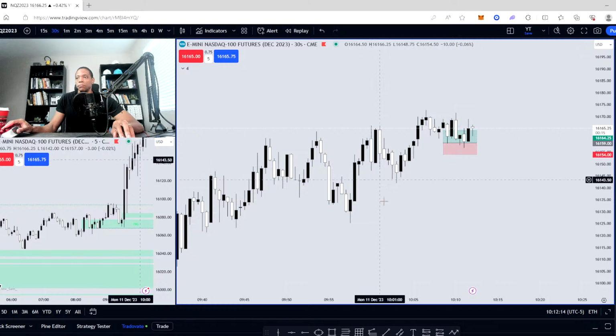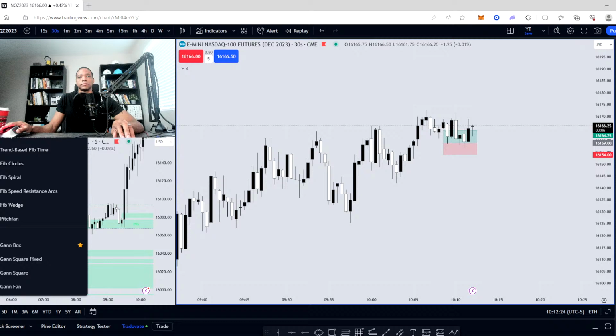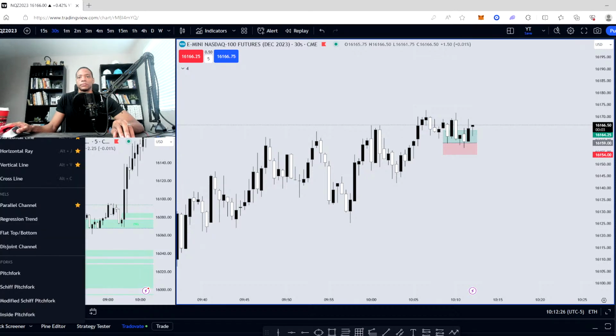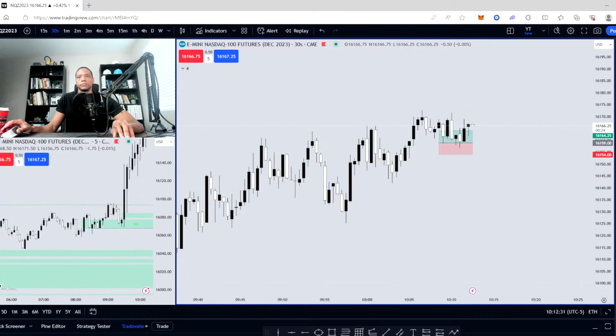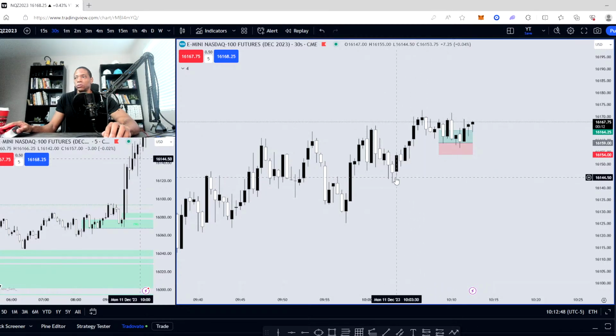Let me see if I can draw something for you. Okay, I don't see the drawing tool, but okay, this is a better example. Right here, these 3 wicks is a swing low, right? Because you have a low point and you have higher lows on both sides.